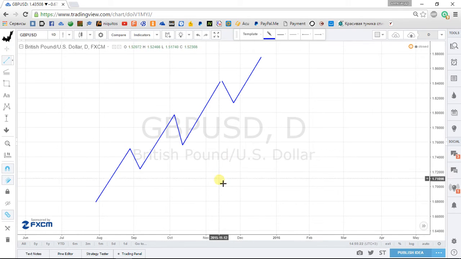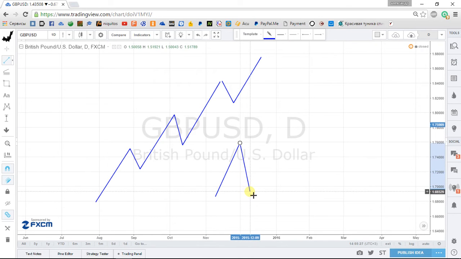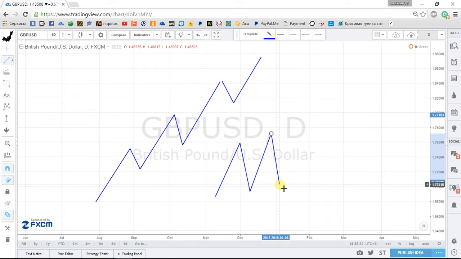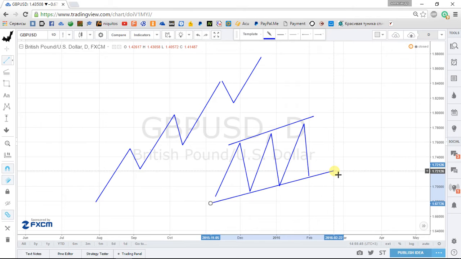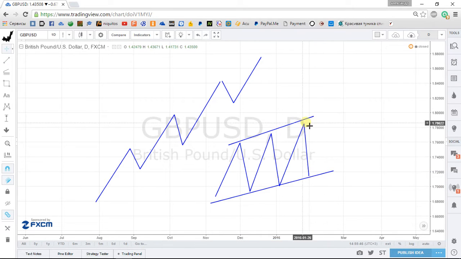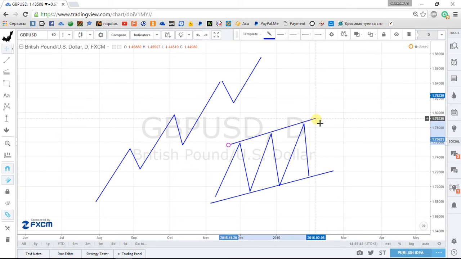But when the trend is fading, the correction tends to become deeper and deeper. Although we may have new structure highs and new structure lows, higher highs and higher lows, the trend may turn into a kind of channel trending.